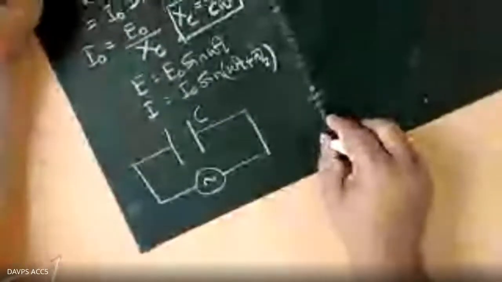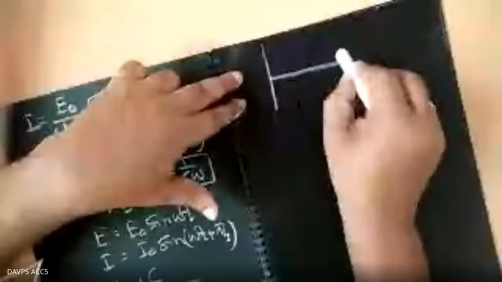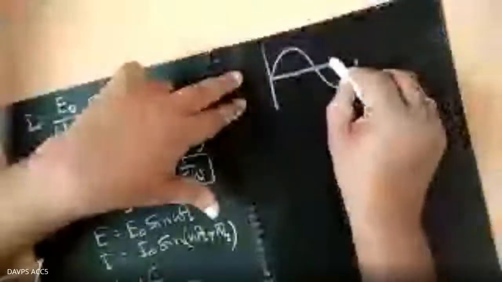If the question comes that draw the waveform of an AC circuit containing a capacitor, in the form of a wave, you have to plot in this manner. This is the wave and this is the EMF. EMF is going like that. And what will be the current?